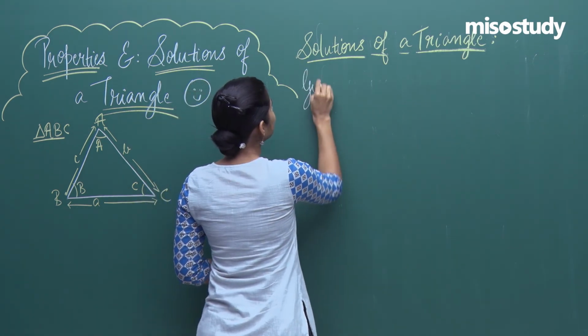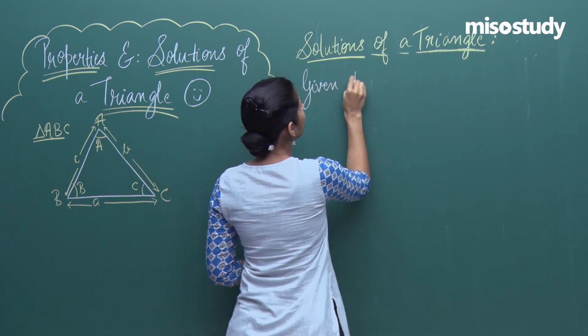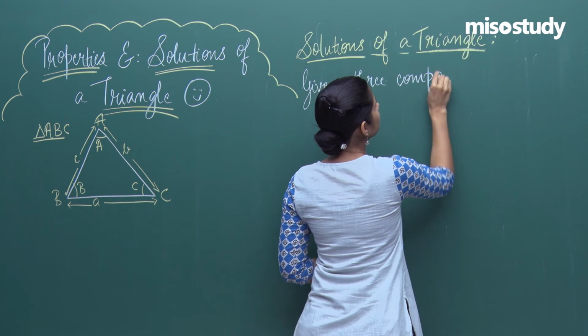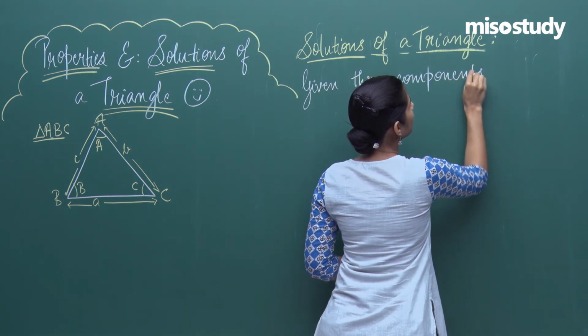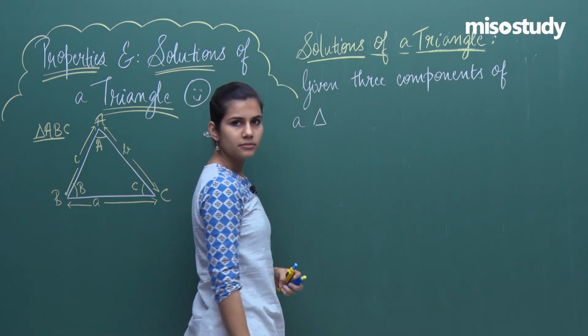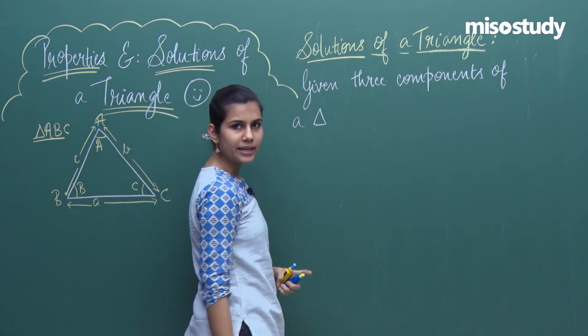So, given 3 components of a triangle, I'll just be denoting the triangle like this.